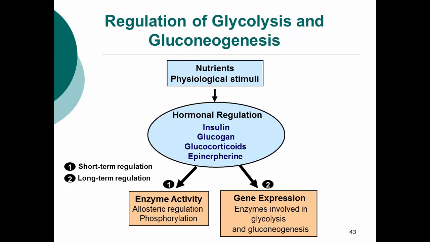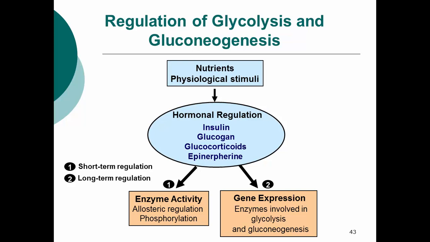And hormones also can regulate gene expression. That means it directly regulates the levels, the production of the enzymes. So activity and production can be different concepts, right? The activity regulation is basically a short-term regulation.